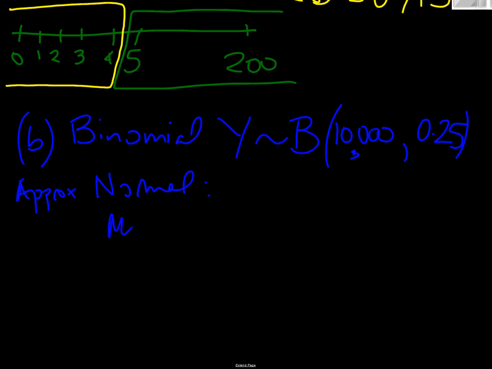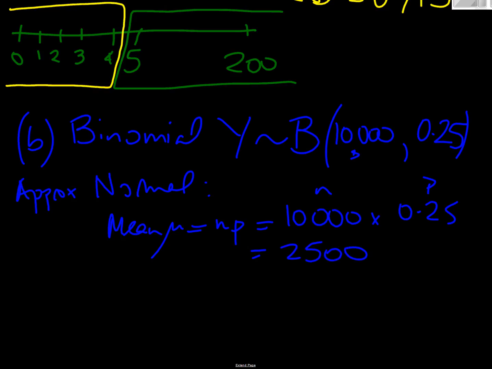We need our mean, mu, which can be np from our binomial again, which is 10,000 times, that's our n, wasn't it? And our p is 0.25. So we've got a mean this time of 2,500. So that's our mean.